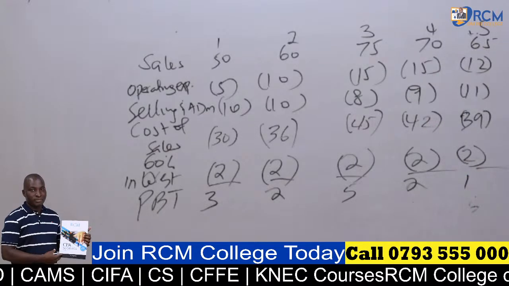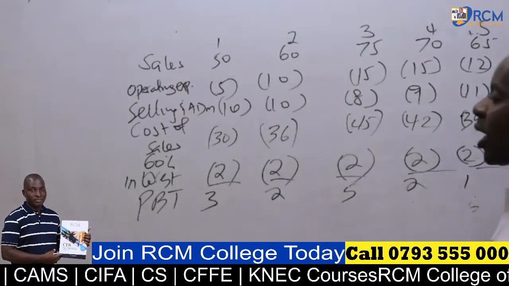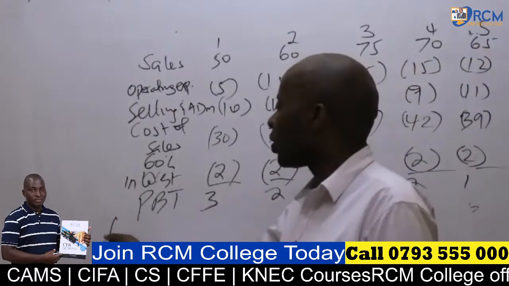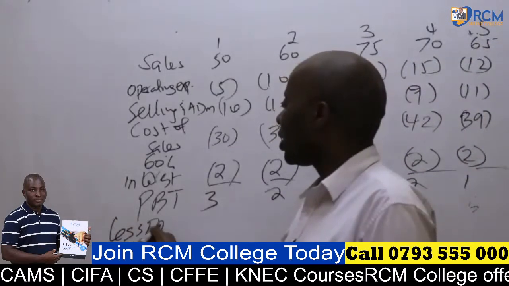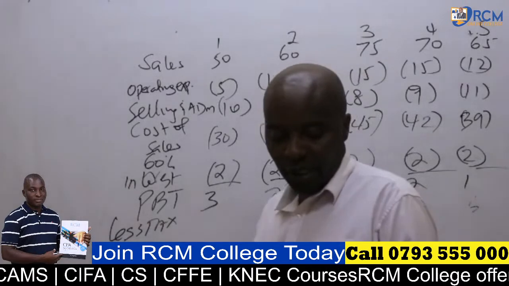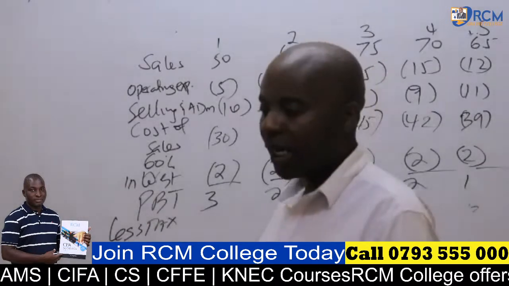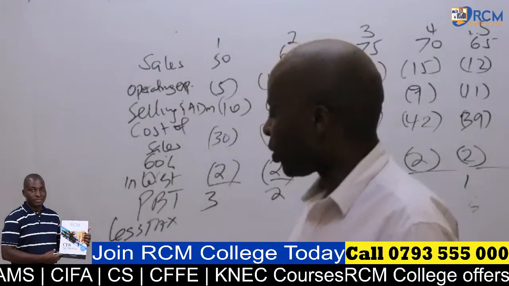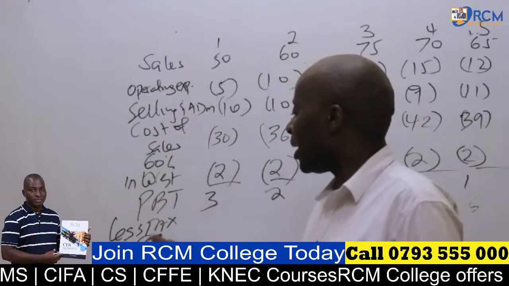After getting profit before tax, you need to come here very fast and subtract tax. So you less tax. At what rate? The rate, of course, has been given there as 30%. So tax at 30%.